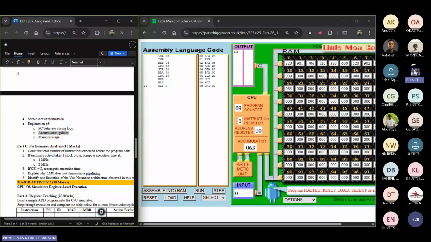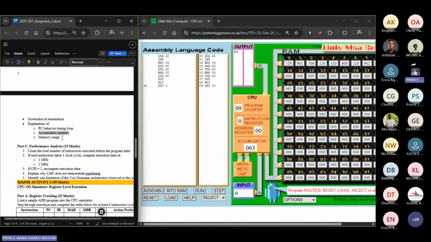You can write the increments that were happening. So when I entered an initial input, the accumulator increased from 0 to that input. Maybe the input was 5. Then when I hit the add instruction, it combined the 5 with the 0, and the accumulator updated. When I entered the second input, the accumulator increased to that input. When I hit the add instruction, and so on, in that order, okay? And then you state those things.